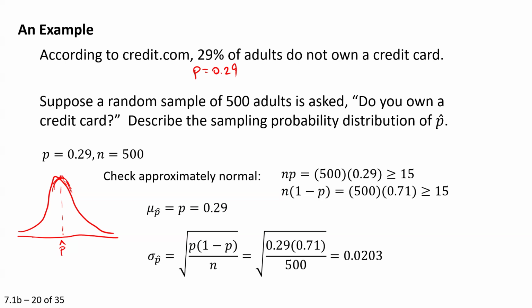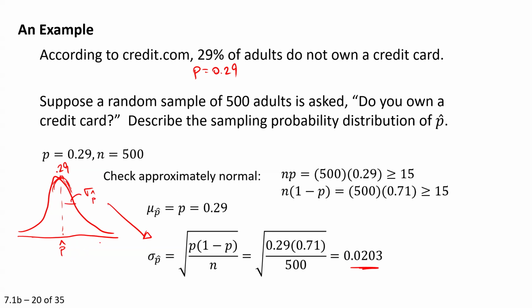Yeah. On the average, 29% of them should say, yeah, I don't own a credit card. So the center of this distribution here is 0.29. That part's easy. This here requires a formula. That's this thing down here. Okay, and so we get 0.0203. So that's the probability distribution here.